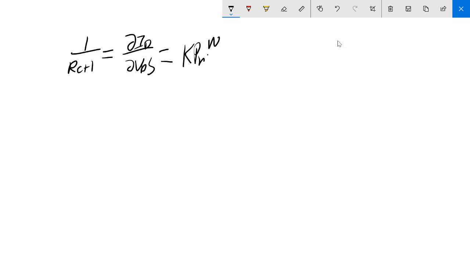KPN, the width over the length, times VGS minus VTHN minus VDS.